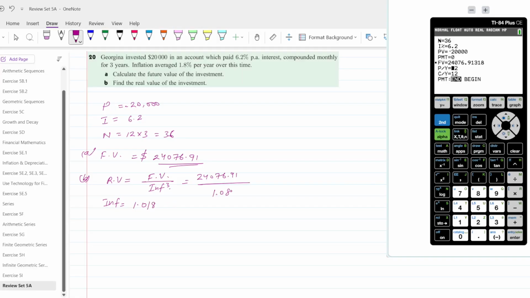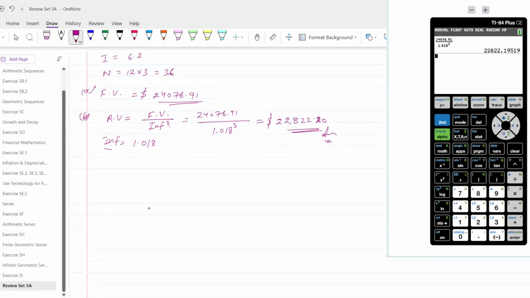So 1.018 raised to the power 3 is going to be 22,822.20 dollars. So this is the real value of the investment today.